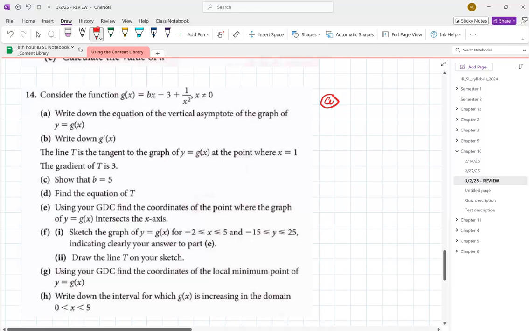All right. What's the vertical asymptote for g of x? You should be able to look at that and tell me inside of 10 seconds. It is 0. Very good. How'd you get that, Jack?